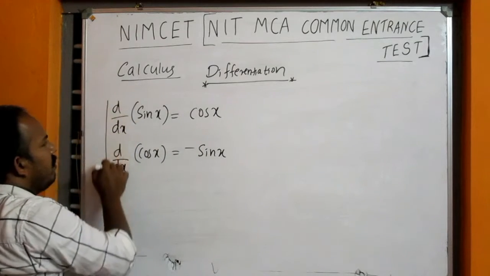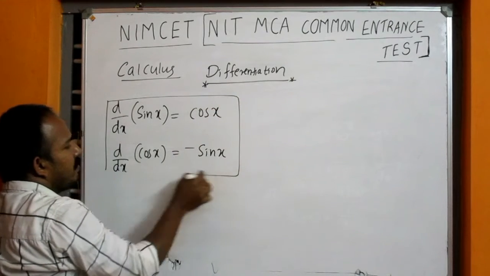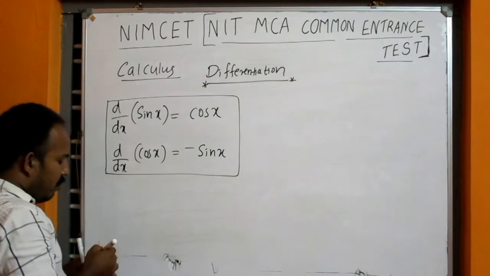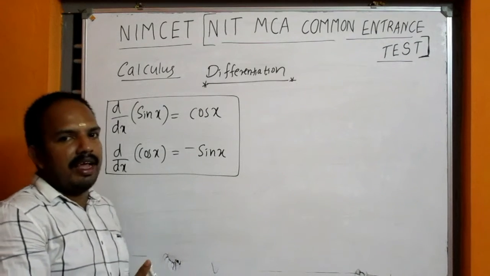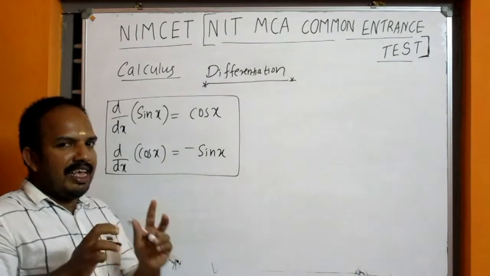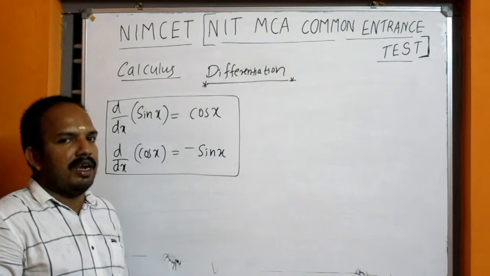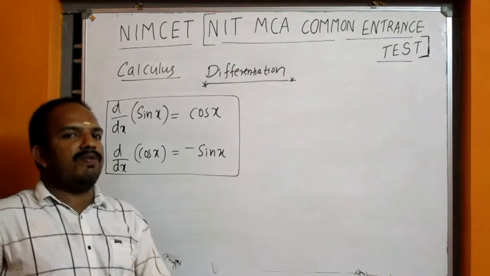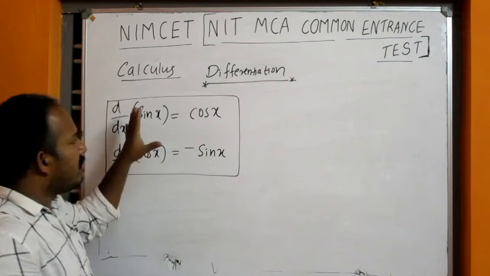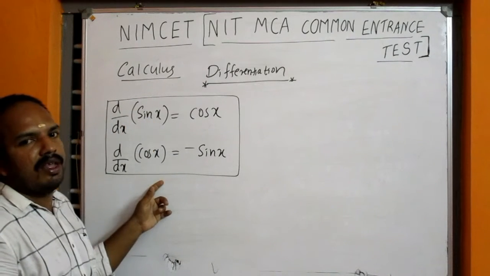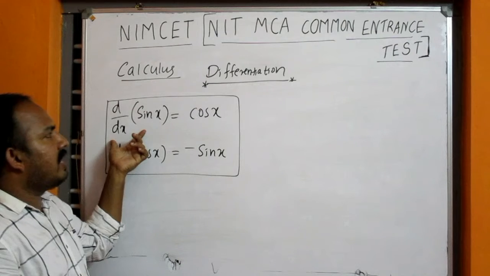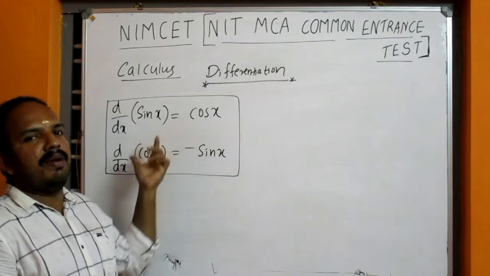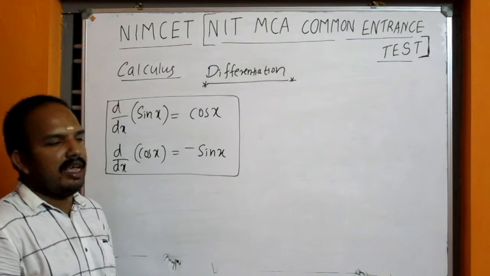The derivative of cos x is minus sin x. Always group sin and cos. Clear? So there is an easy technique for studying the derivatives of trigonometry functions. Always group the formulas. I always group sin and cos. Clear? The d by dx of sin x is cos x. D by dx of cos x is minus sin x.